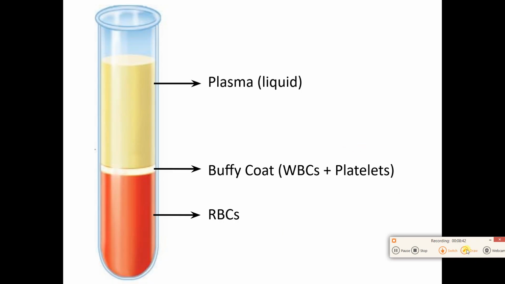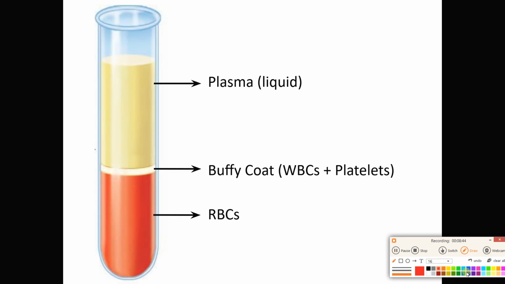One of them, which we certainly mentioned already, is the plasma. That is the liquid. In centrifuged blood, the plasma goes towards the top, and it's this kind of straw-colored liquid. Beneath it, we have a small region, sometimes almost too small to see, called the buffy coat, and that is going to contain the white blood cells, the leukocytes, and the platelets.